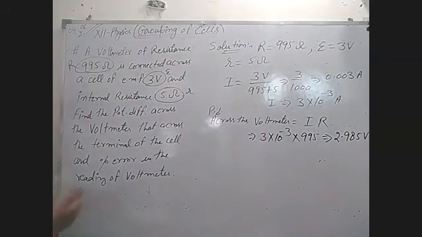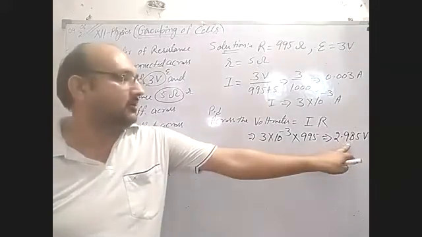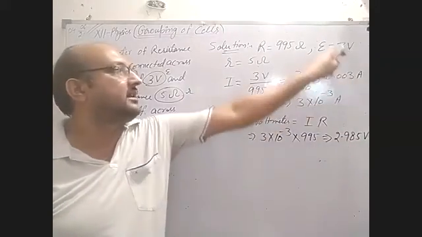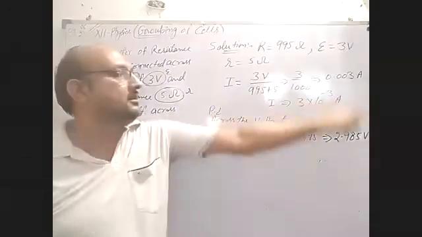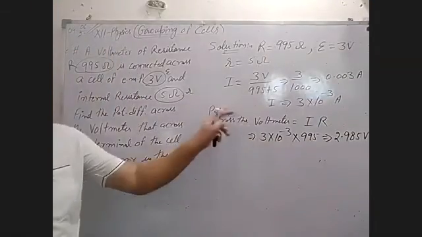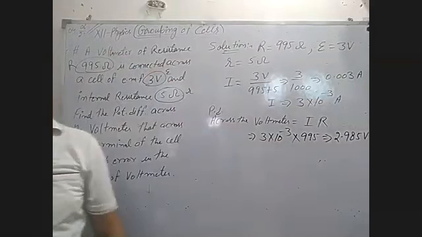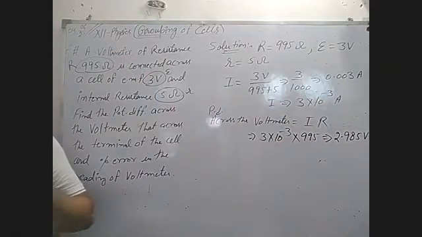And you can observe this value is less than EMF by a small amount, because this is a potential difference and this is EMF. EMF gives the maximum potential difference.